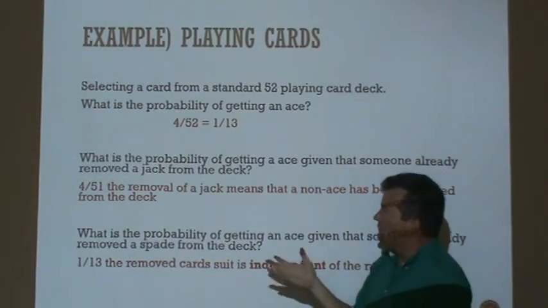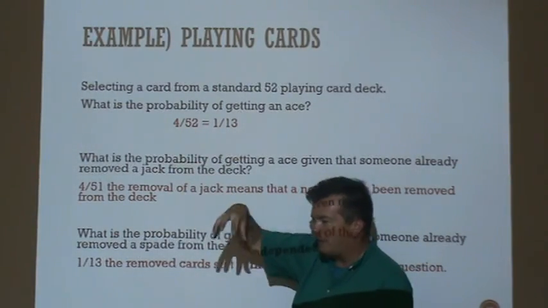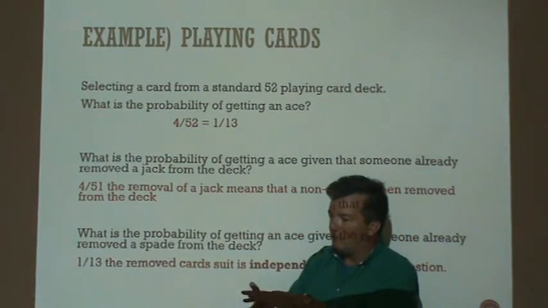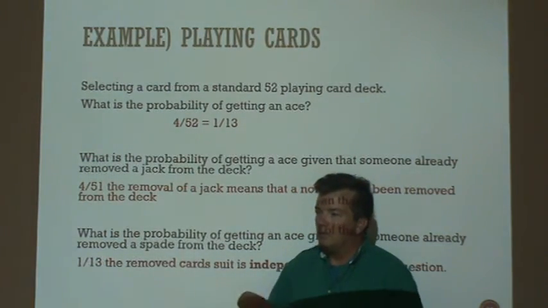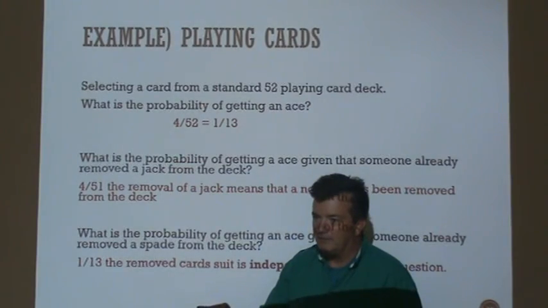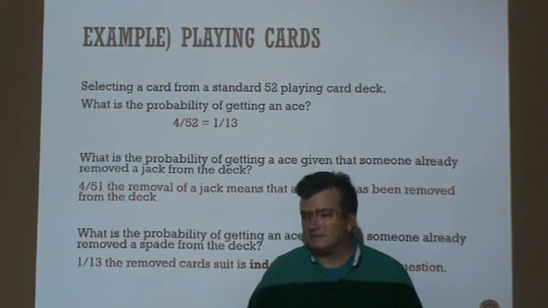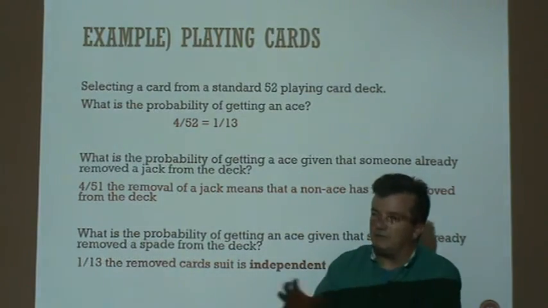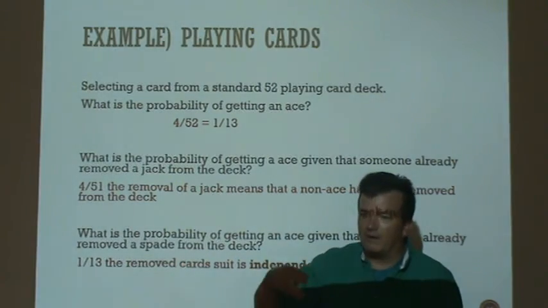For example, I'll give you some examples of useless information. Suppose I said you have a deck of 52 cards, then I randomly take 20 and throw them out, now you have 32 cards. What's the probability of picking an ace? It's not 4 out of 32, unless I told you the cards I threw out have no aces. But if I just say I threw out 20 cards, it's still 4 out of 52.